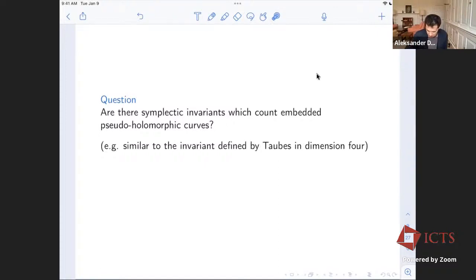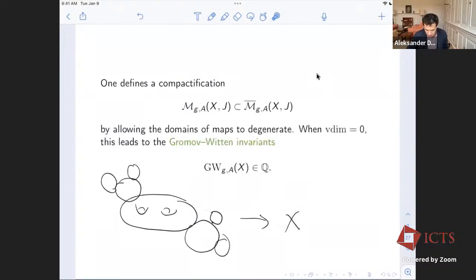In particular, one thing I already said, let me go back to it: because you have to incorporate contributions from multiple covers, Gromov-Witten invariants typically tend to be rational numbers.